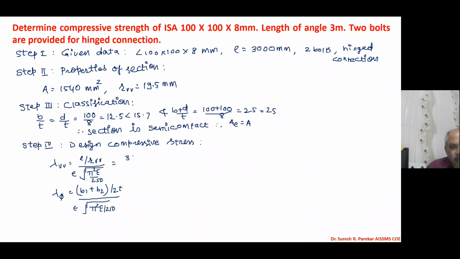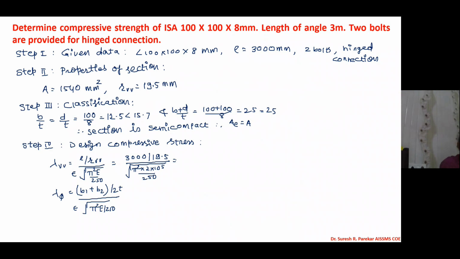So we will first calculate these values. So we have this as 3000 divided by 19.5 divided by root of pi square E, we have 2 into 10 raised to 5 divided by 250. So now if we will calculate this value, denominator we will calculate, which is the same for both.